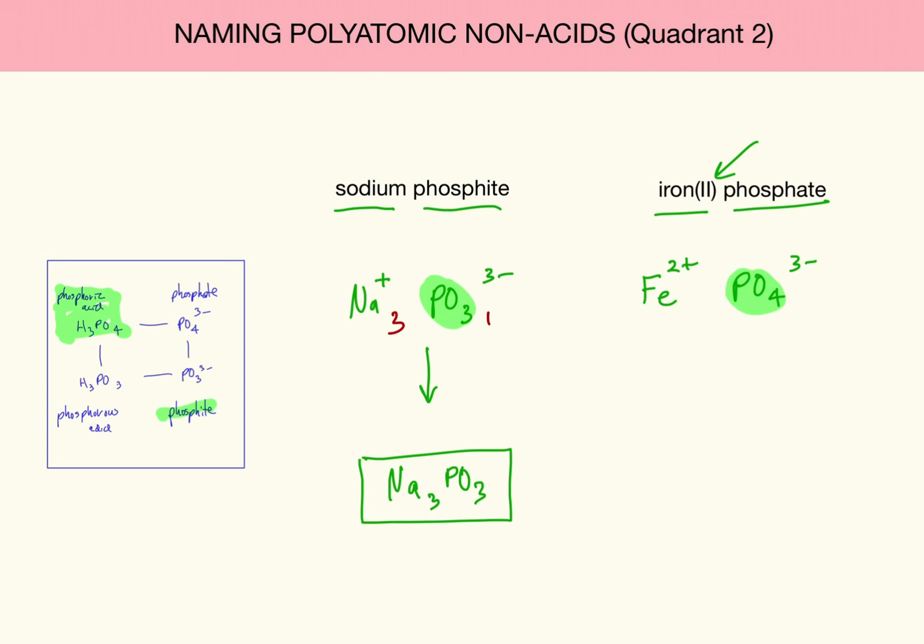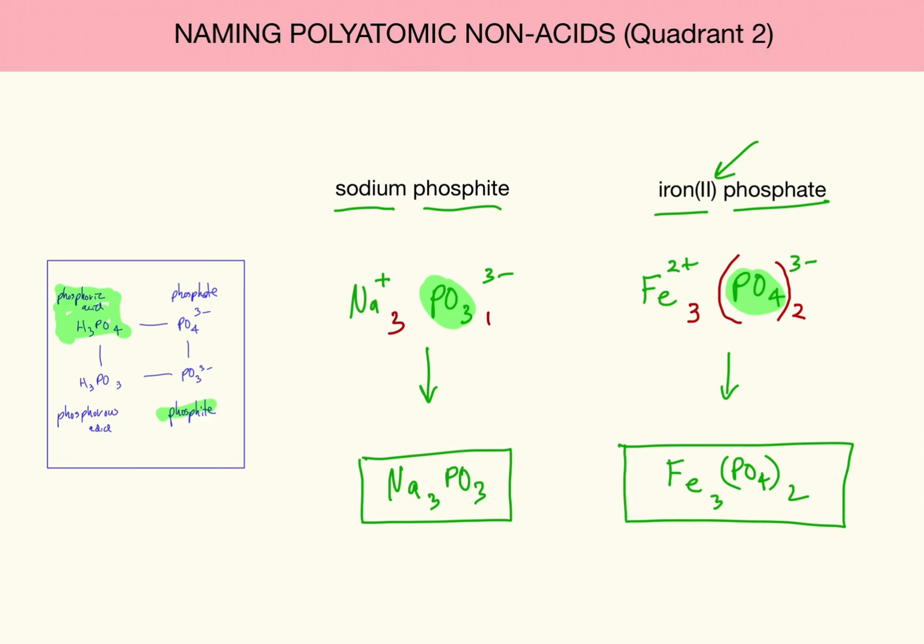And I see my total negative charge is -3 and my total positive charge is +2. It is not charge neutral, but it can easily be made so by cross multiplying. Because there's more than one unit, only now do I use parentheses to differentiate it. And so cleaning the formula up, it's Fe₃(PO₄)₂, iron(II) phosphate.